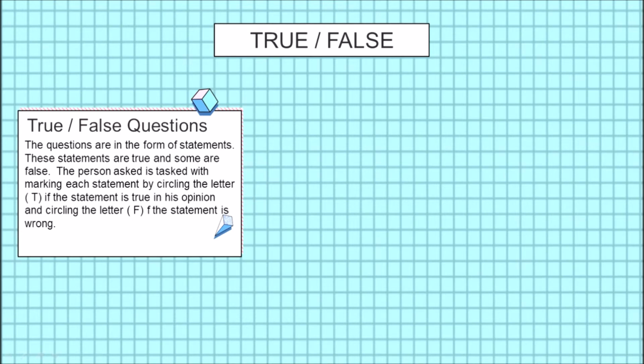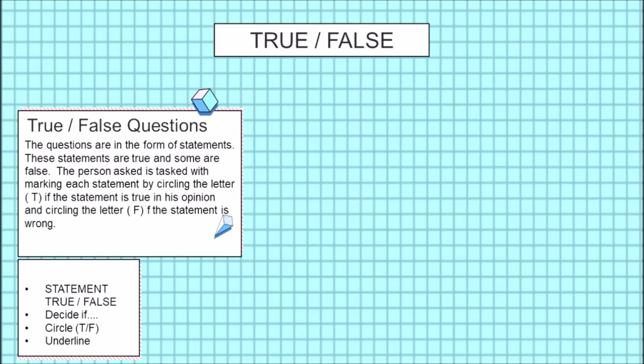The person asked is tasked with marking each statement by circling the letter T if the statement is true in his opinion, and circling the letter F if the statement is wrong. So you just circle T if the statement is true, and if the statement is false, you circle F.